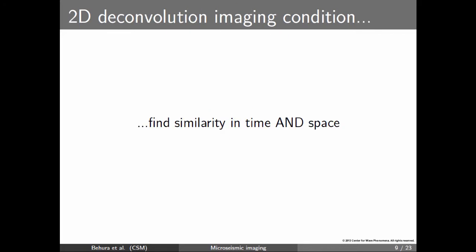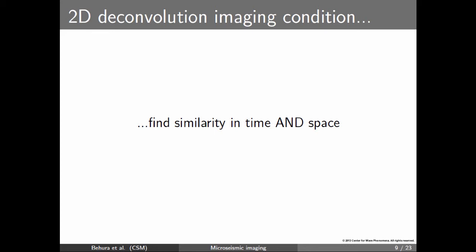It's logical to say to not only look for coherence in time, but also in space. So these imaging conditions can be modified to look for coherence between the recorded data and the Green's function, not only in time, but also in space.